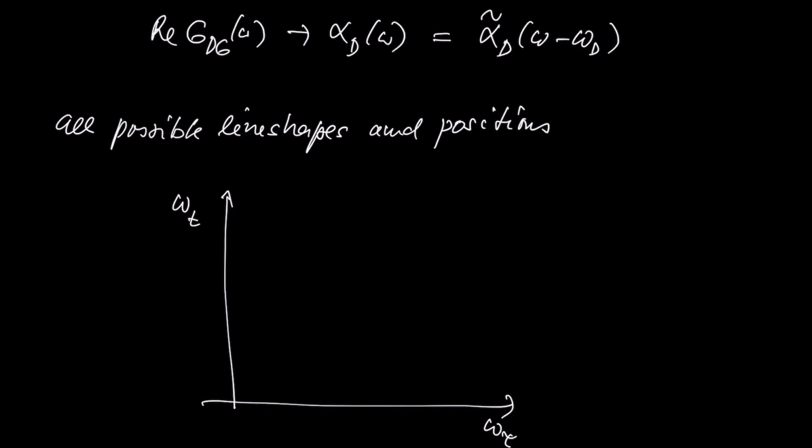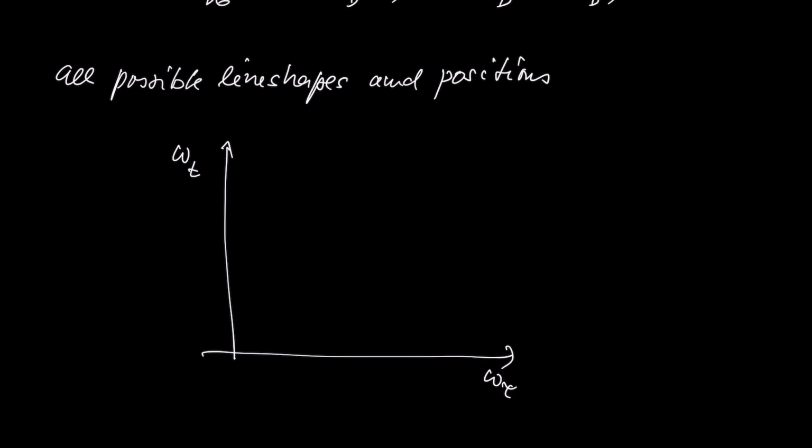So omega tau is the excitation frequency, omega T is the detection, or in other words emission, frequency. So we have omega donor, the higher frequency, and omega acceptor here, and we also have them on the other axis. So this is A, omega D. And we have two-dimensional line shapes that look like this.